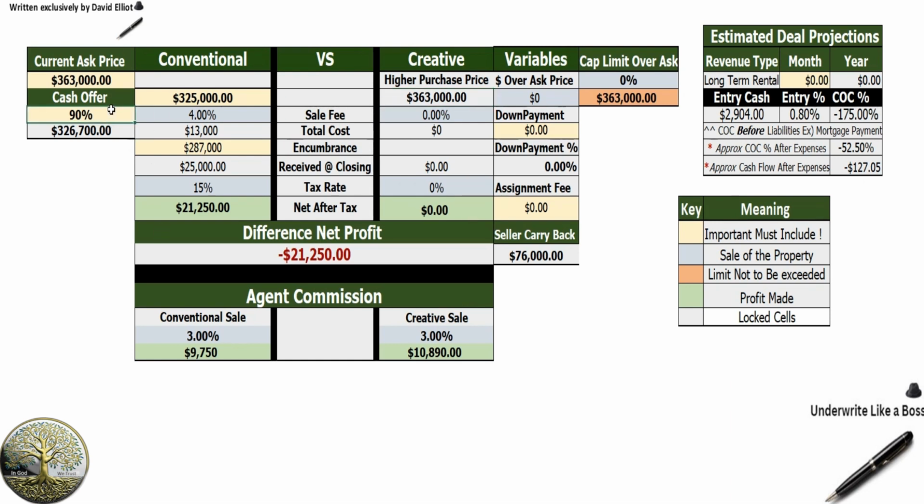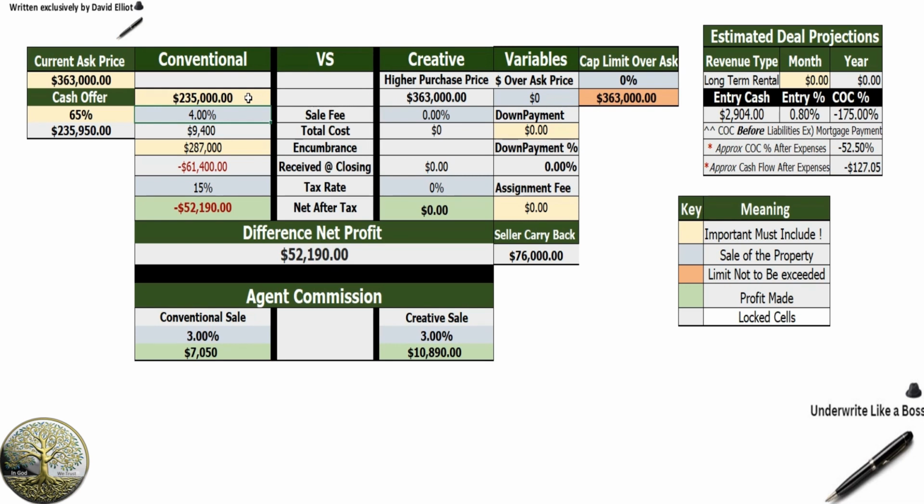You could also implement it for a fix and flip or a novation. This is just a really quick tab here to get an idea of where you will need to be in terms of cash. So if you were going to offer the seller 65% in cash, you'd be looking at $235 in cash.